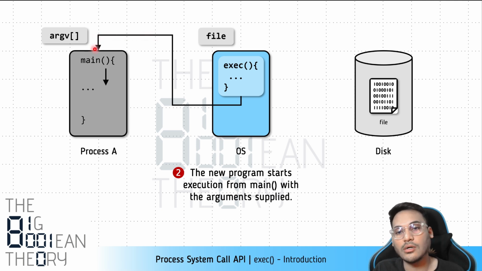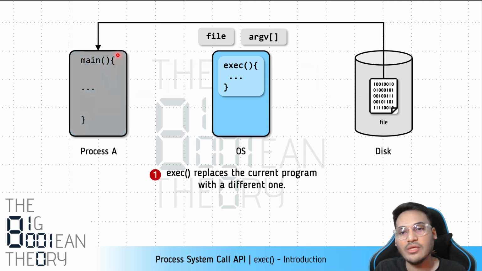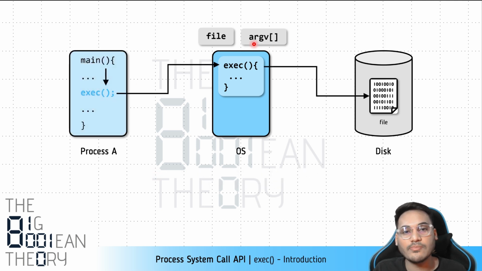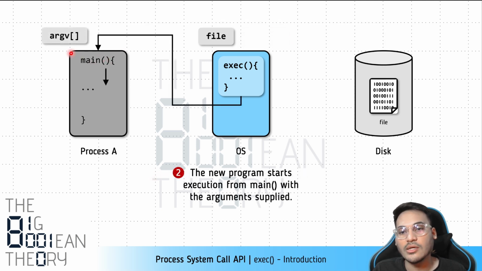It will not start execution from this point where we are invoking the exec, because this entire program has been totally replaced, and we have a new program in its place. So we'll start the execution from the first statement of main, and it will also take the list of arguments that was supplied. Those will be passed to this new program, and this new program will start execution from the main using these arguments.